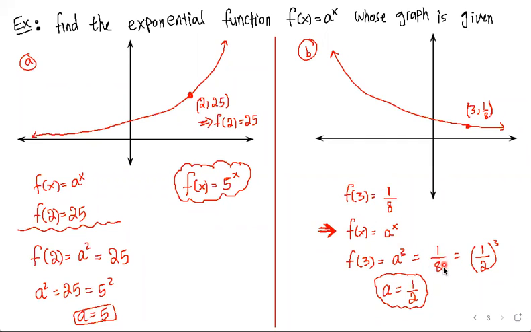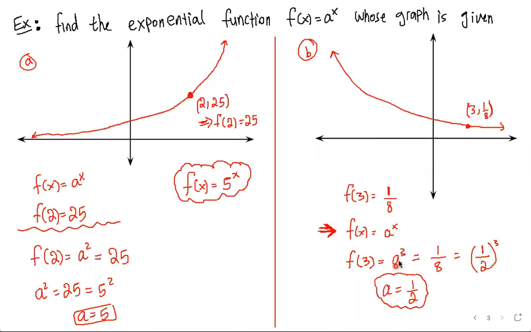And 1/8 is the same as 1/2, everything to the power 3. Why? Because the power 3 we distribute inside the parentheses. I get 1 to the 3 and 2 to the 3. 2 to the 3 is 8, 2 times 2 times 2. Okay, so here the power is the same, 3 and 3.